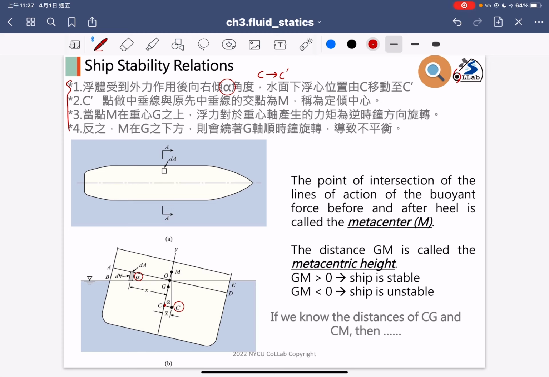And then in that moment, we draw the vertical line. When the vertical line crosses with the y direction line, we have a point, and we call that the M. The M point is the metacenter. 中文叫做定倾中心。定倾中心，就是我要定义它是不是有倾斜的中心。定倾中心 metacenter.